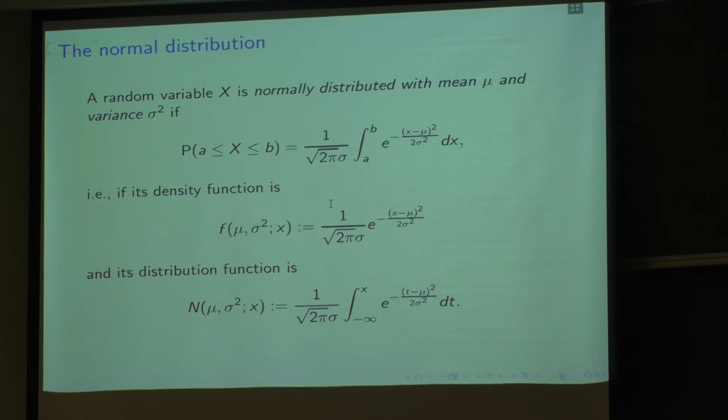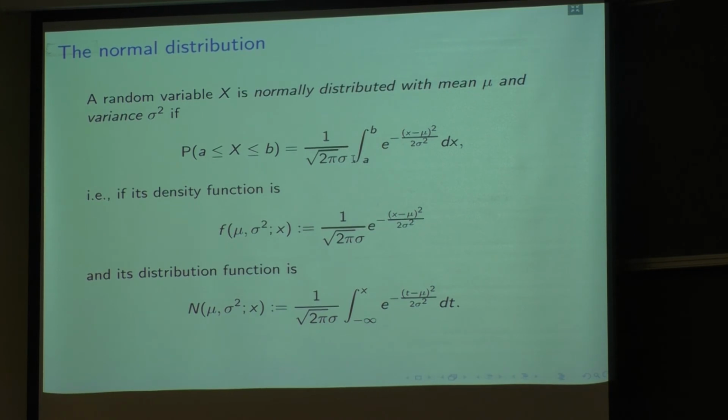Okay, what else do we need to know? We need to know about normal distributions. So what is a normally distributed random variable with mean mu and variance sigma squared? Well, it's a random variable whose density function happens to be this one over here. So e to this expression divided by this constant over here.